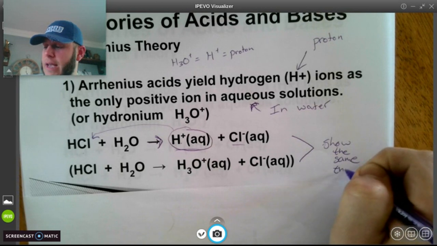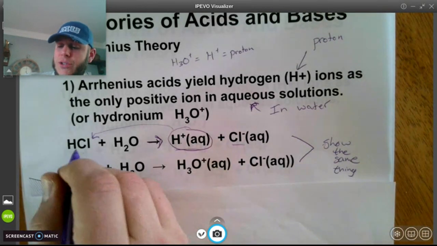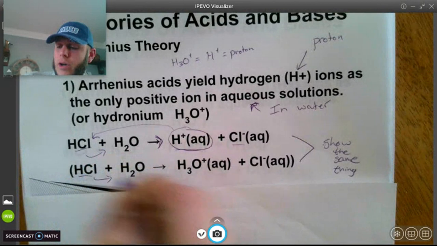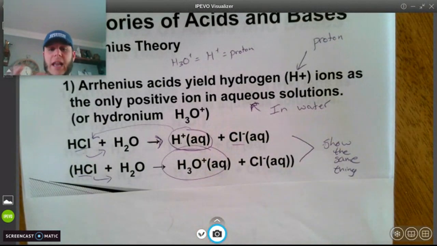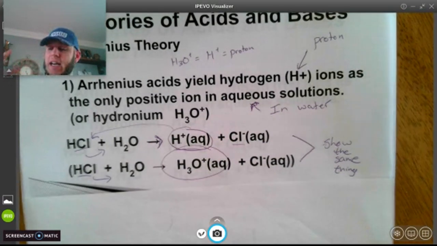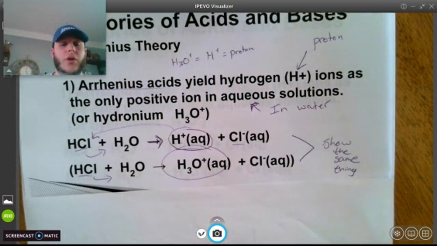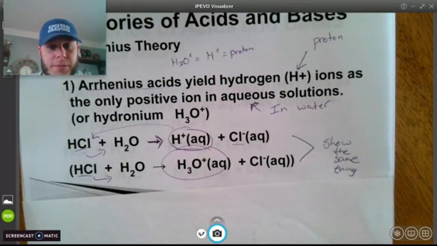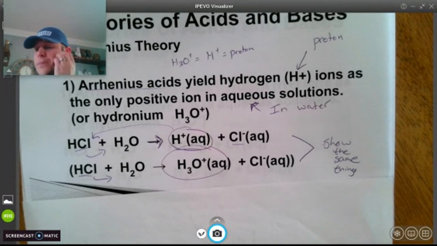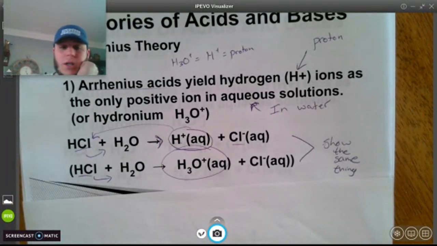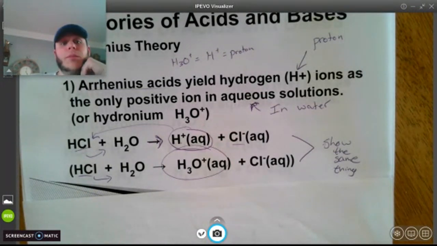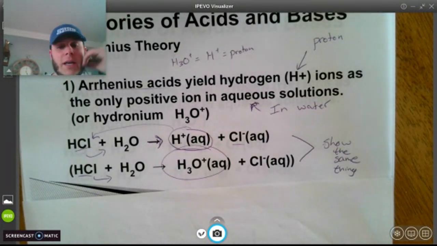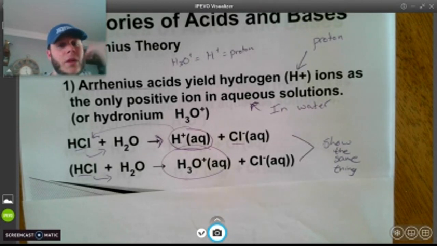They show a molecule being combined with water and ultimately giving off an ion that is defined as the ion making Arrhenius acids. I'm going to have this presentation loaded as well, so if you don't have time to write down the equations, you can pause, or you can always look it up.